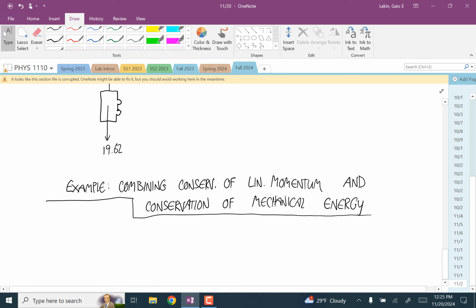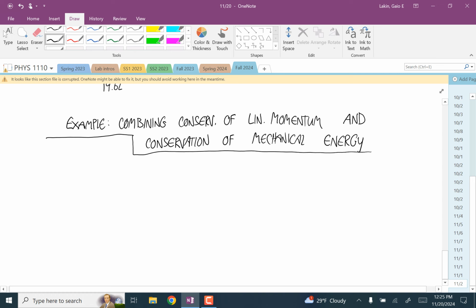So this is something we'll do anytime a problem has a part where you're relating a speed to a position and a part where there's a collision in it. Then we'll use conservation of linear momentum for the collision part and conservation of mechanical energy for the relationship between the speed and the location.